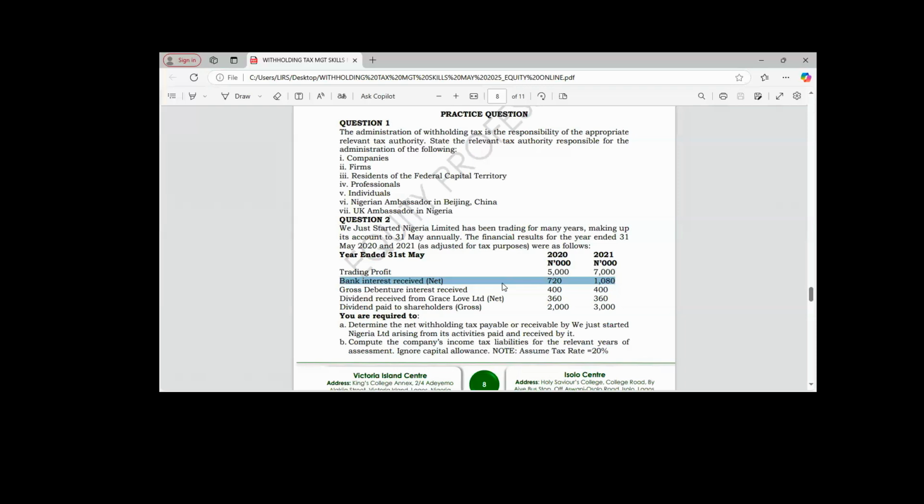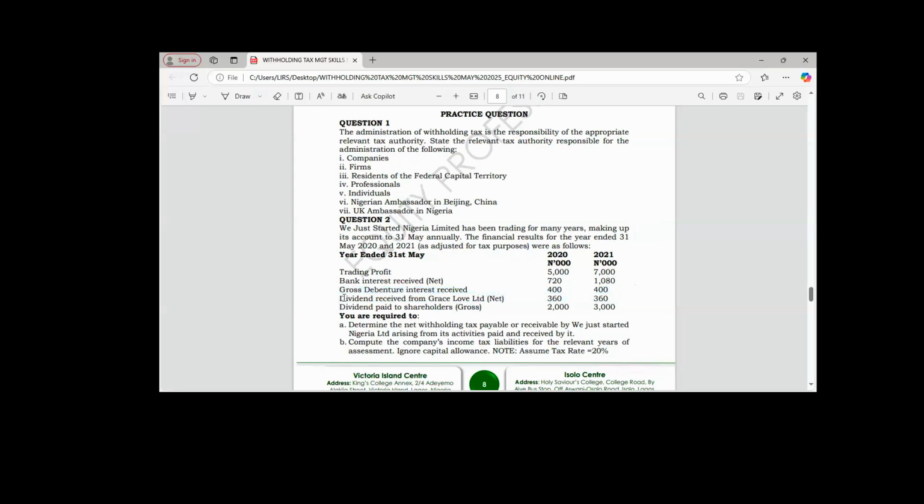That means no withholding tax was suffered on this income, so they cannot claim any withholding tax on it. The money was collected in full. They collected the entire 100%. So no withholding tax will be claimed from this particular income.